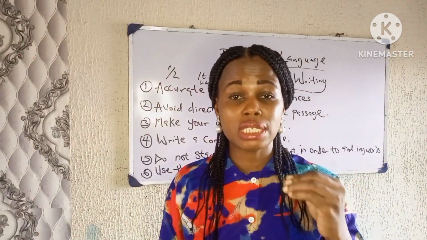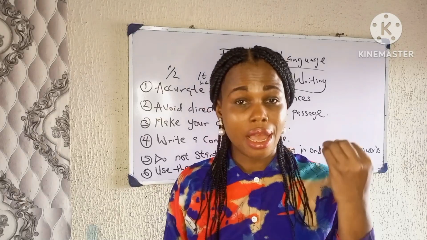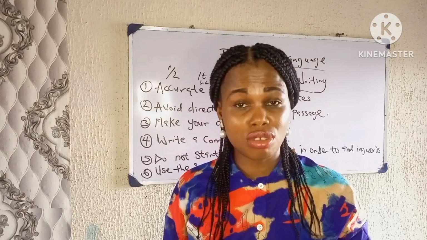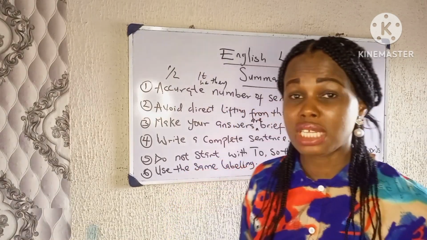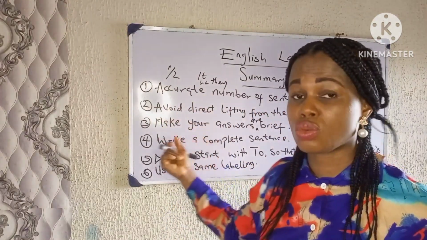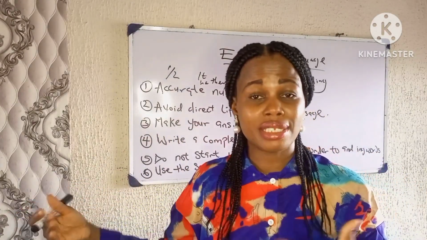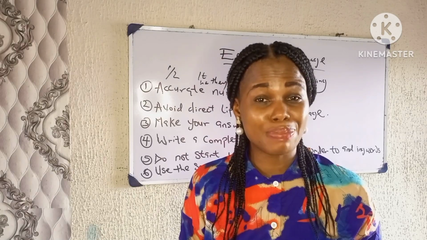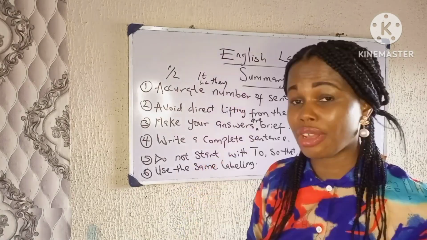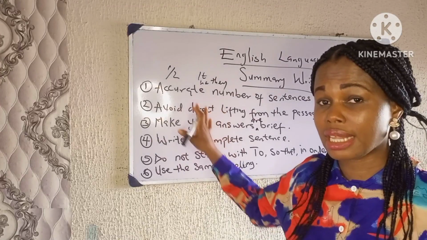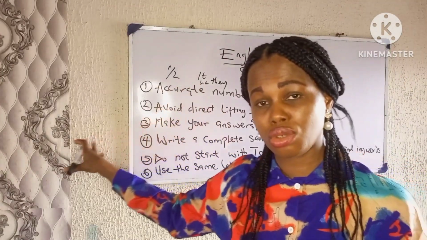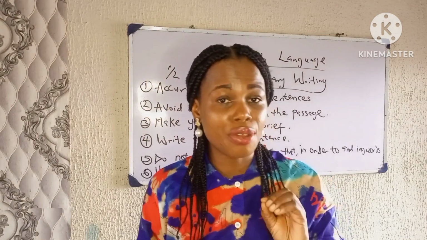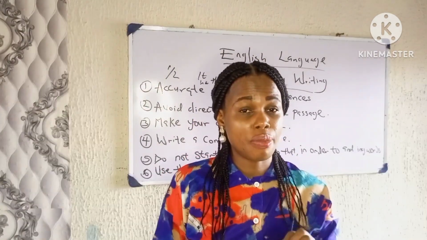You should rather use the name that is provided in the passage, or the name of the group of people or the name of the objects, because using pronouns makes the sentence unclear and might make it be misinterpreted. So I encourage students to avoid using pronouns while answering questions in your summary writing.